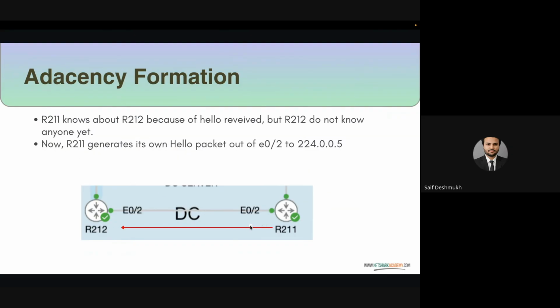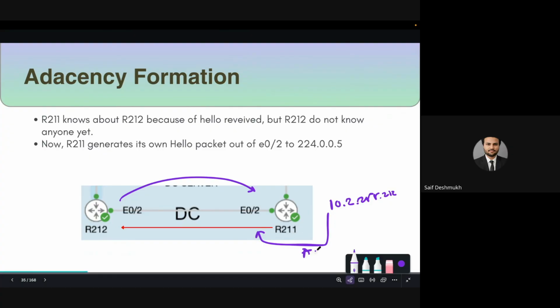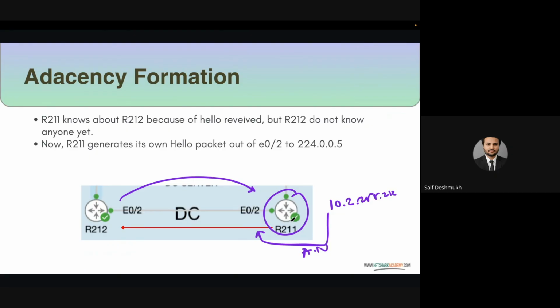Router 211 now knows the first hello was received here. It knows that router 10.2.255.212 is the guy who sent me a hello earlier. So when the next hello is sent out, it adds it as an active neighbor in the hello of this router 211.